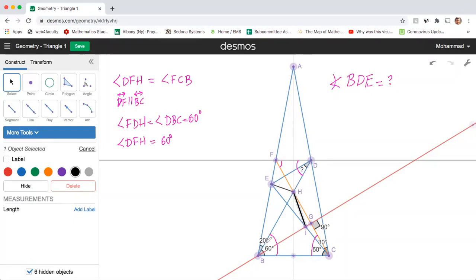And so when you're connecting D to B and F to C, because of the symmetry, we can argue that this angle is congruent to this angle, 60 degrees, and therefore this is also 60 degrees, making the triangle FHD an equilateral triangle. So the triangle FDH is equilateral. All right, so keep that in mind.